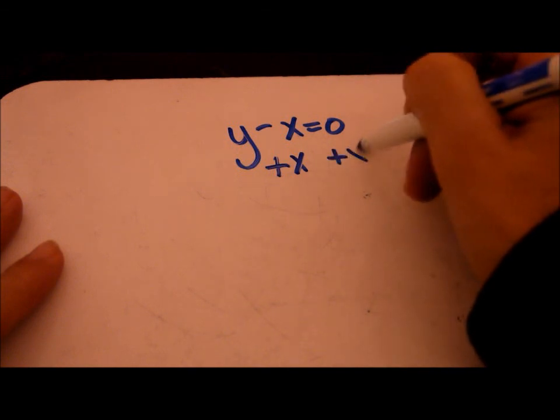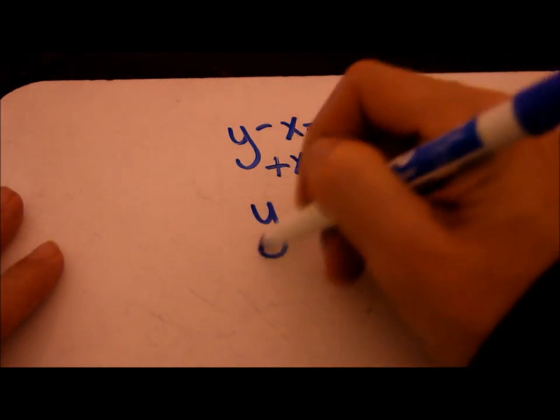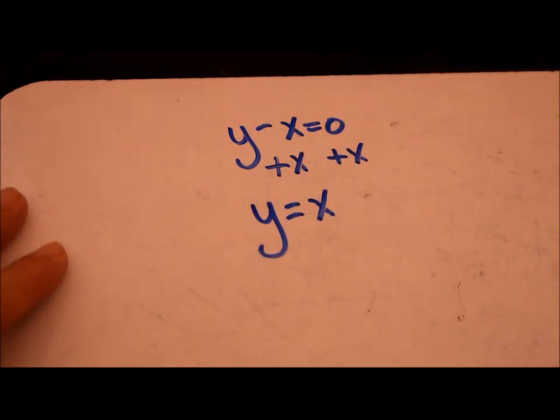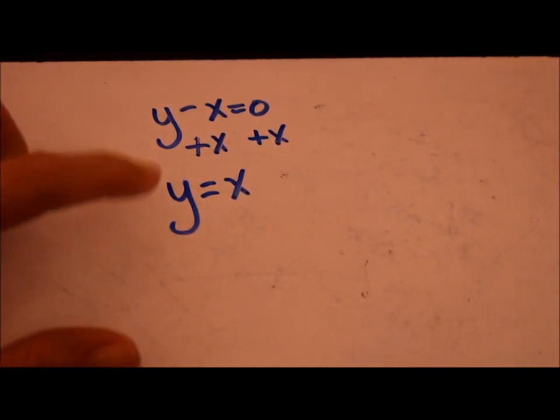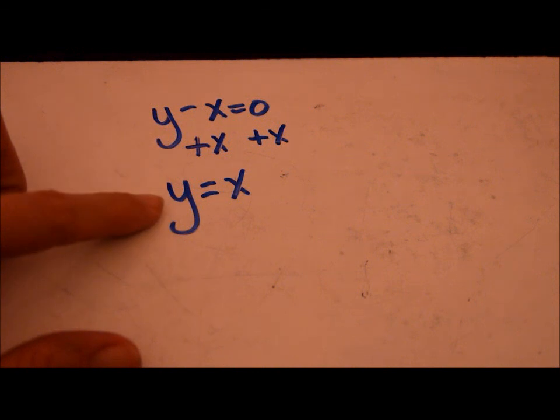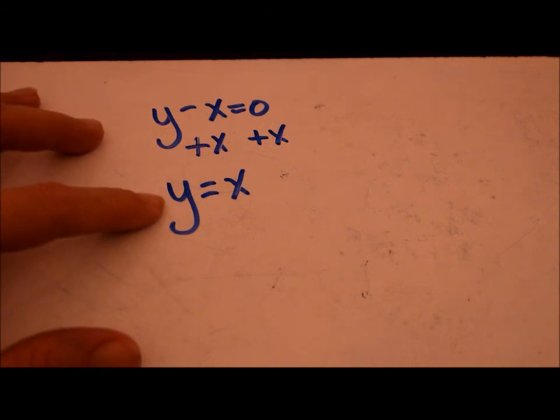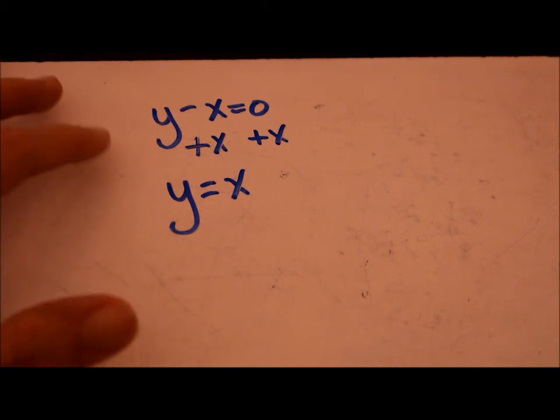So if we add x to both sides, we have y equals x. Look at that. Okay? Now most of us in advanced math know what the line y equals x looks like without having to do any graphing. And we will show you. Every time you get y equals x, it's always going to look exactly the same.